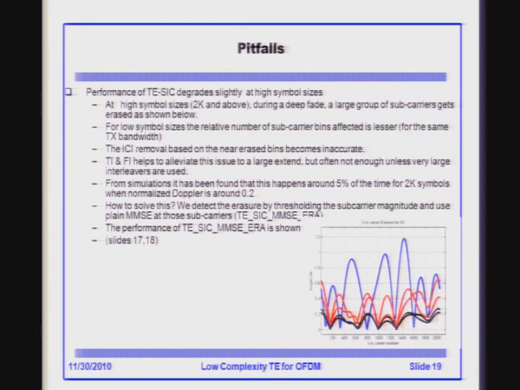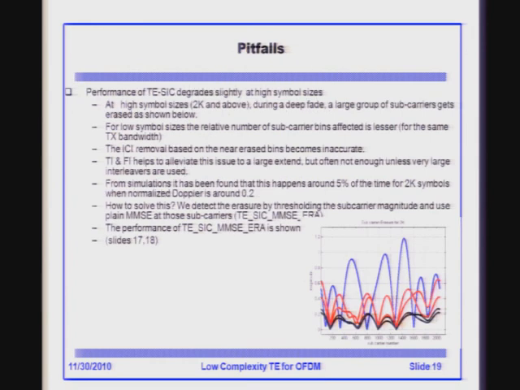And because of that, in such cases, you have to detect those cases and use plain MMSE estimation, not turbo, and remove the interference. We have seen that it happens around 5% of the time when your Doppler is around 0.2.